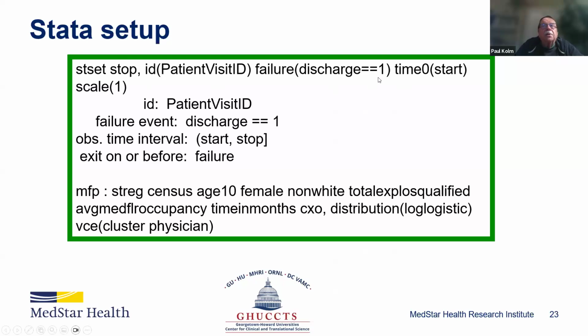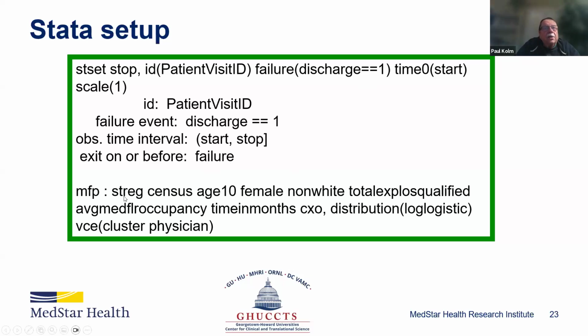Our failure, which is discharge, is equal to 1. This gives us our information for the analysis in terms of the ID, the failure event, our observation time interval, and then exit on or before. Failure is our discharge.